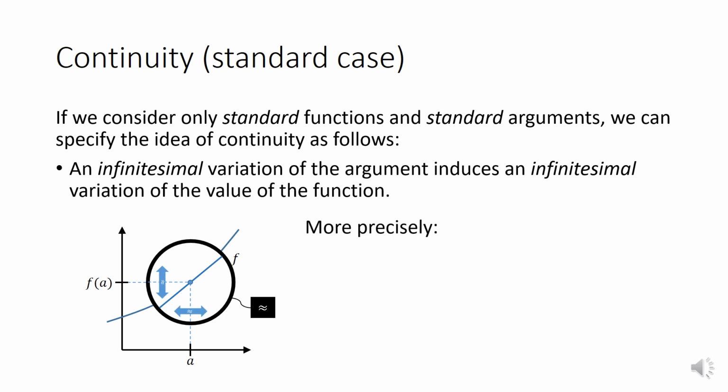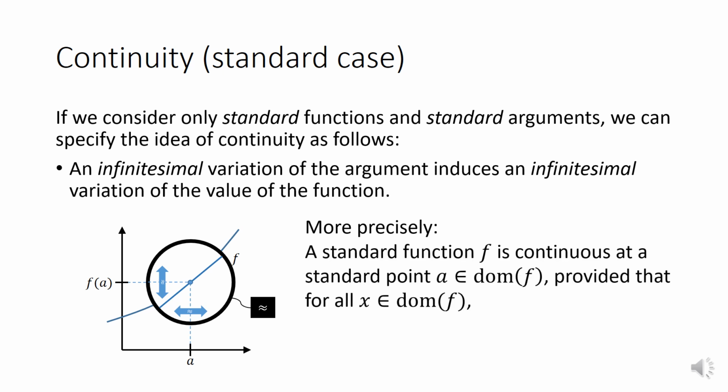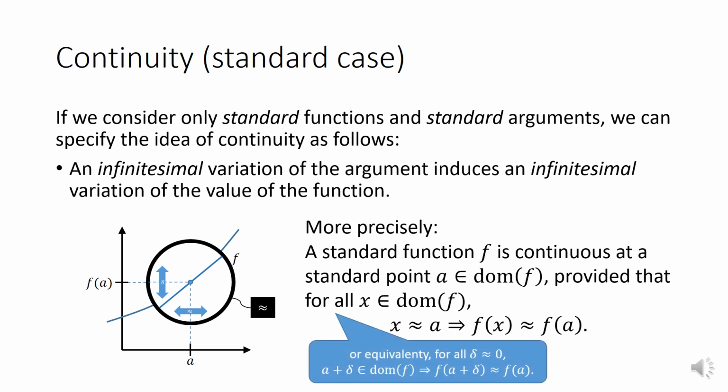More precisely, the definition is as follows. A standard function f is continuous at a standard point a in the domain of f, provided that for all x in the domain of f, if x is infinitely close to a, then f of x is infinitely close to f of a. We can also express this equivalently as follows. For all infinitesimal delta, if a plus delta is in the domain of f, then f of a plus delta is infinitely close to f of a.